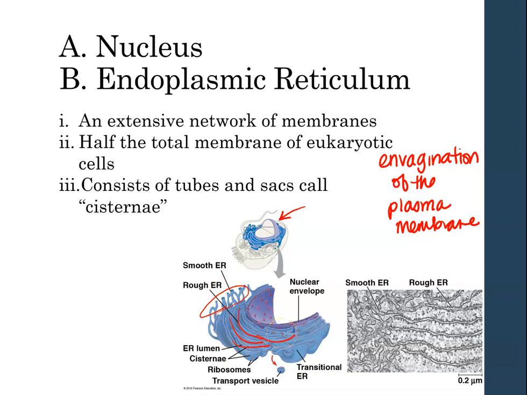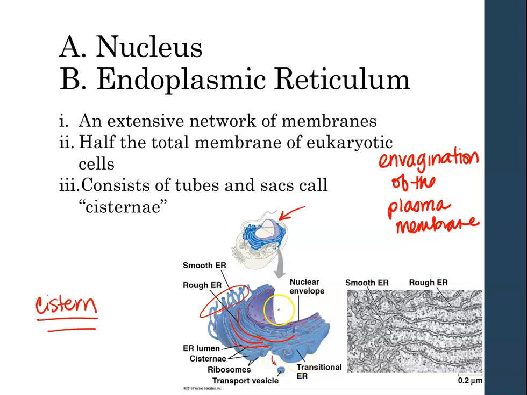That's kind of how I remember which part is the endoplasmic reticulum. The endoplasmic reticulum consists of these tubes and sacs that are called cisternae. If you know what the word cistern is, it can help you remember what cisternae are. Cisterns are basically jars that hold water.